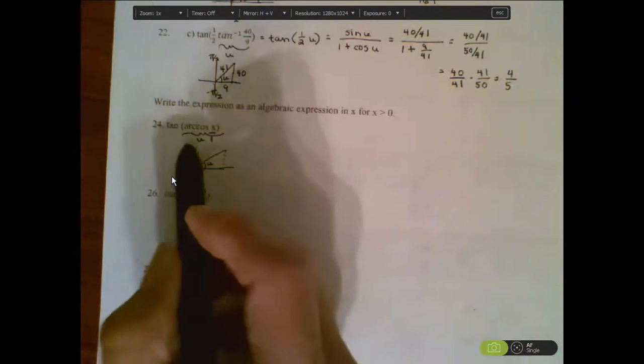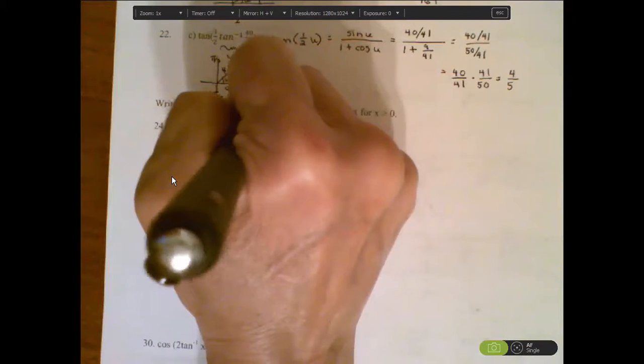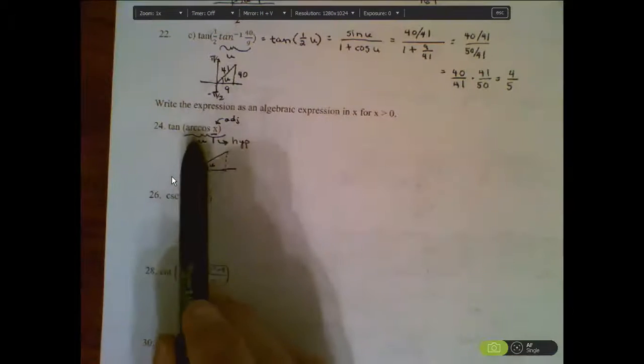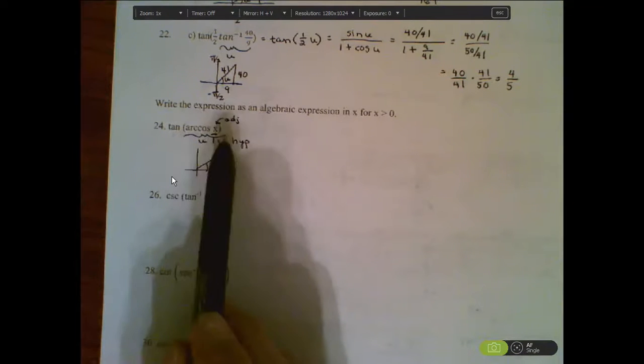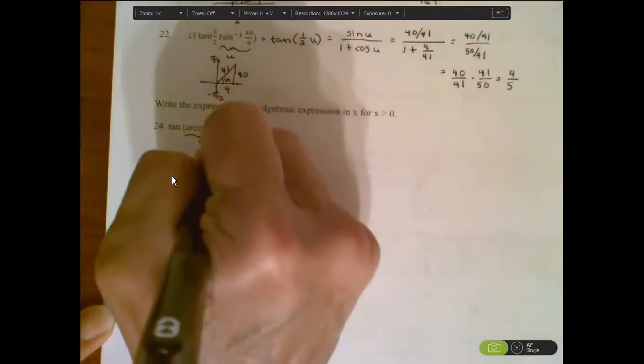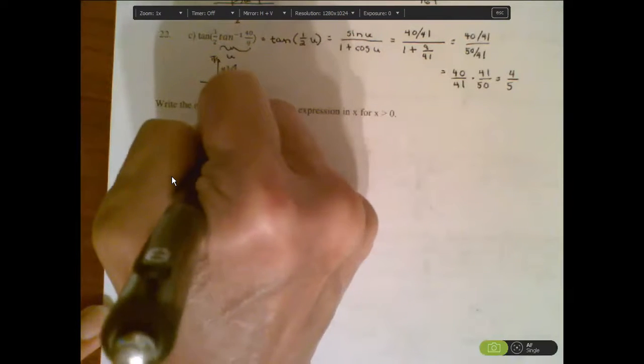And I can say the definition of cosine tells me that x is the adjacent side and that 1 is the hypotenuse. Because cosine of the angle has the adjacent side being x and the hypotenuse being 1.